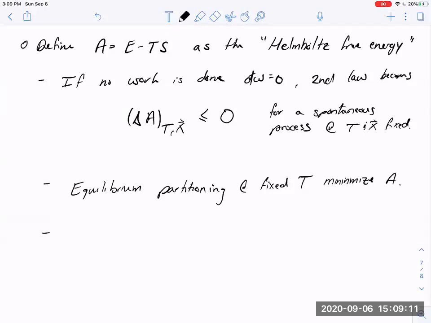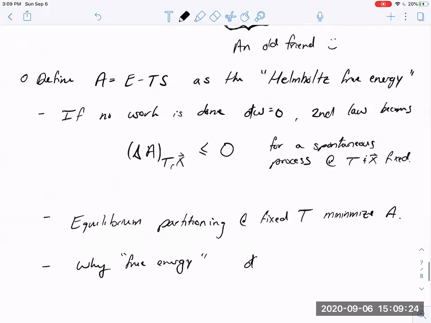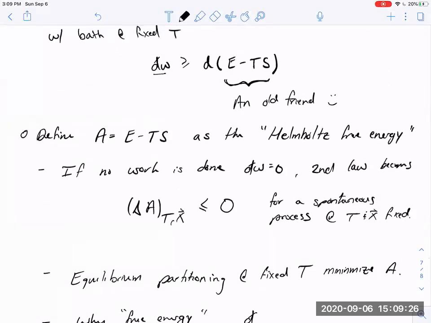Why would we call this free energy? Where does that nomenclature come from? From back up here, the equality is associated with a reversible limit.